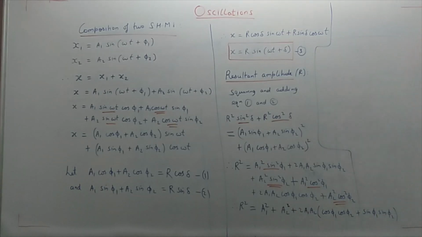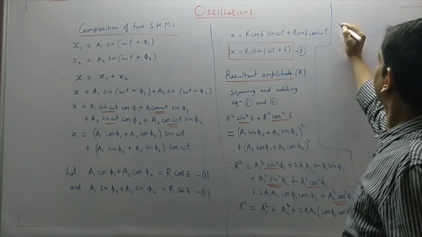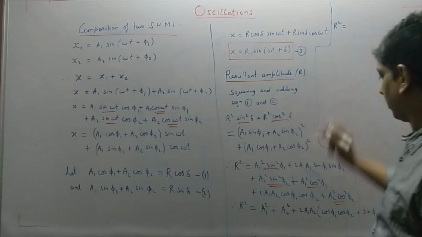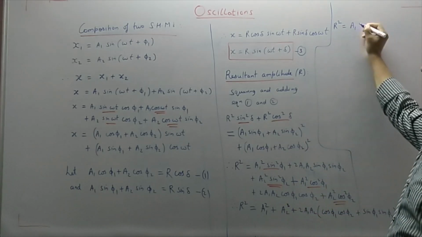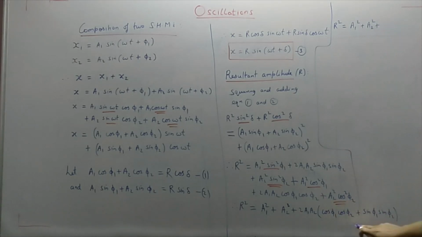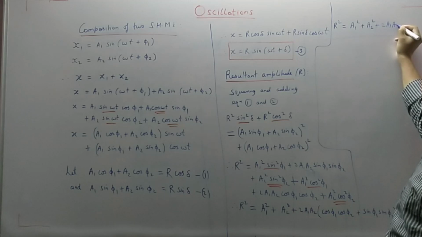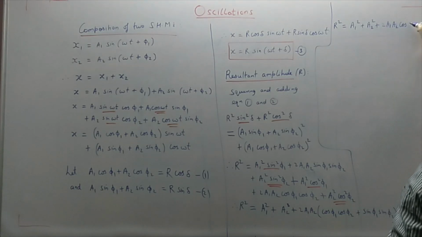So r square is equal to a1 square plus a2 square plus 2a1 a2 into cos A cos B plus sin A sin B, and cos A cos B plus sin A sin B is cos A minus B. So 2a1 a2 cos of phi 1 minus phi 2.